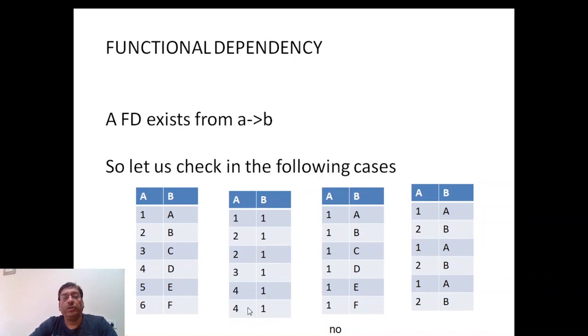It is also possible to say that when the value of B is constant, irrespective of the value of A, there exists a functional dependency from A to B. So two cases: whenever the value of A is distinct, irrespective of the value of B, functional dependency exists from A to B; and whenever the value of B is constant, irrespective of the value of A, a functional dependency exists from A to B.